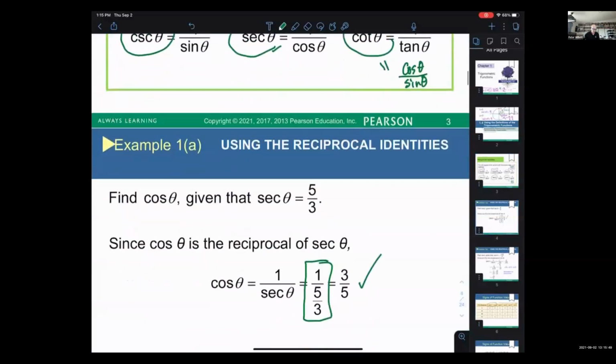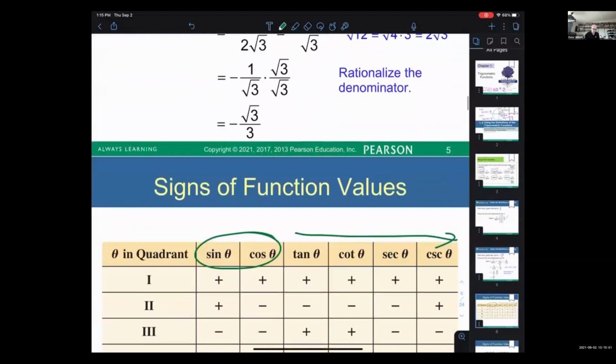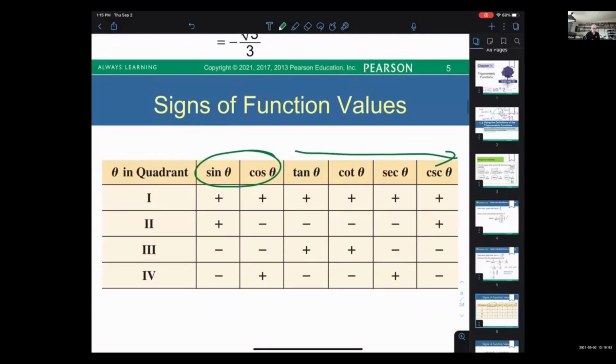Okay. And so if I know for a particular quadrant that the sine value is positive and the cosine value is positive, then how would I use that to figure out the tangent? Well, since tangent is sine divided by cosine, then for the tangent, I would end up taking a positive number and dividing it by a positive number.